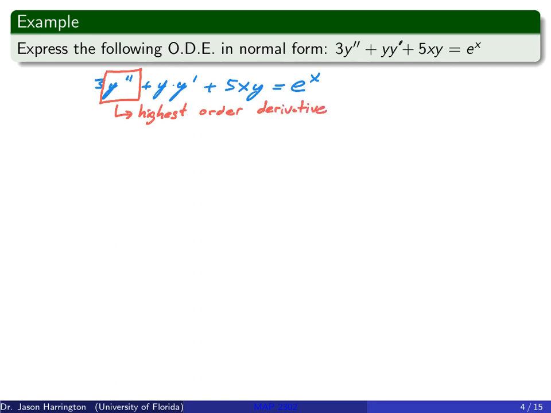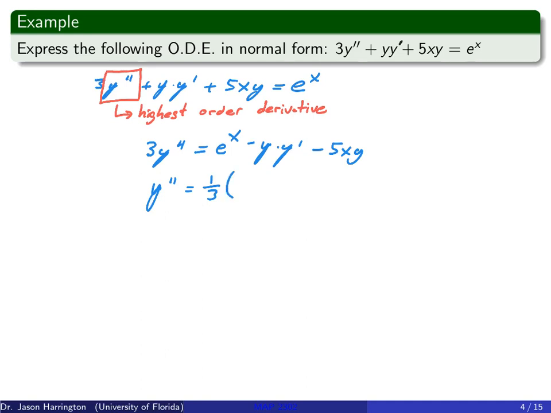When I solve for that, I'm going to have 3y double prime, and I'm just going to put everything that is not the double prime over on the right hand side. So I have e to the x minus y times y prime minus 5xy. And now I'm going to divide both sides by 3.